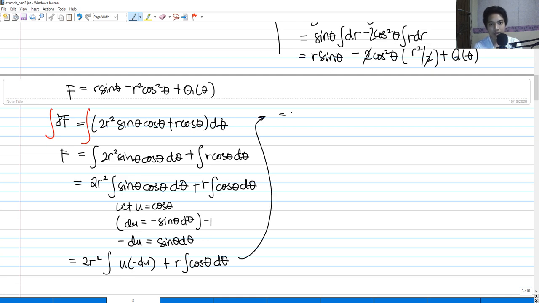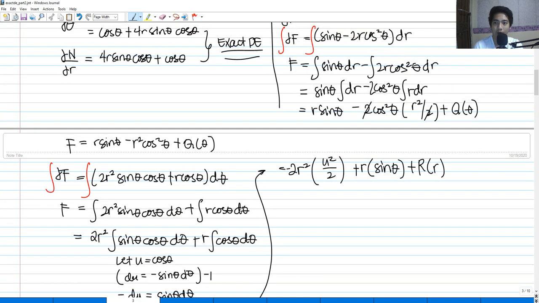It's pretty easy. I can factor out the negative, so this would become negative 2r squared times u squared all over 2, plus r times the integral of cosine theta, which is sine theta, plus capital R of r.